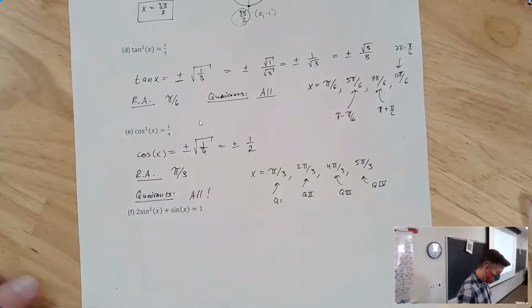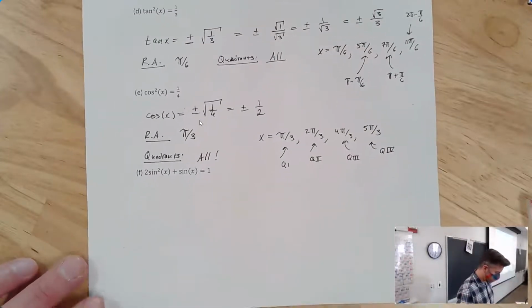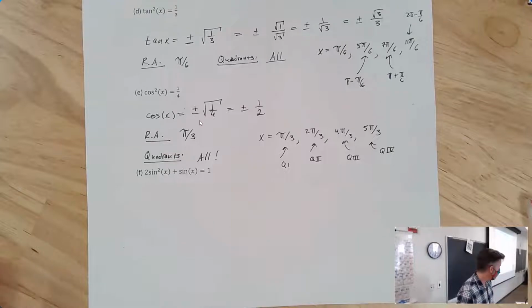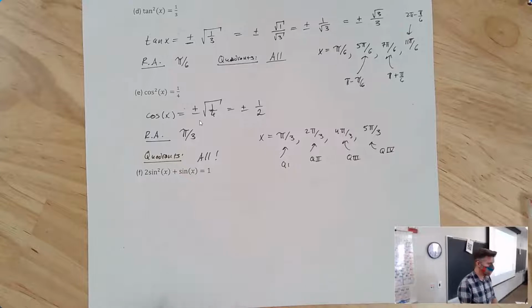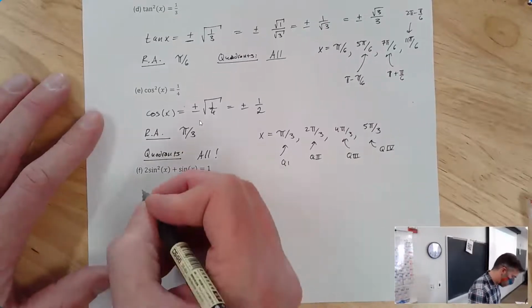All right, this last one, a little trickier. We have 2 sine squared x plus sine x equal to 1. And though it might be tempting to factor out a sine from here, it's not an excellent idea. It's going to lead you possibly astray. What we're going to do instead is bring everything to the left.